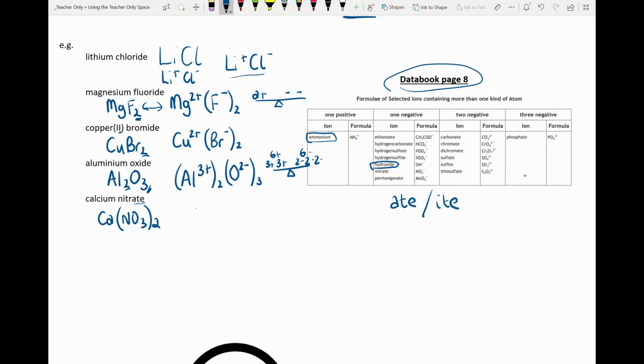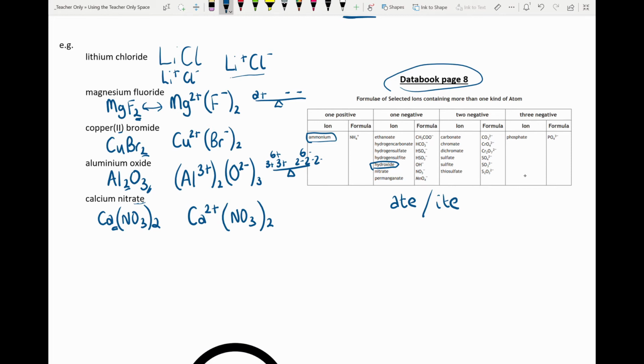So calcium, same as before, group 2, valency 2, it's a metal, it's Ca2+. And if you look down here, we don't have any number after it, so we've only got one of them. No need to do anything else with the calcium. The good news is here, we've already got our brackets in place. NO3-, NO3 with a 2. I've just given you a little clue there to what the answer is going to be.